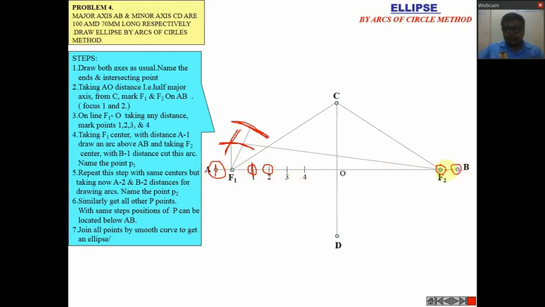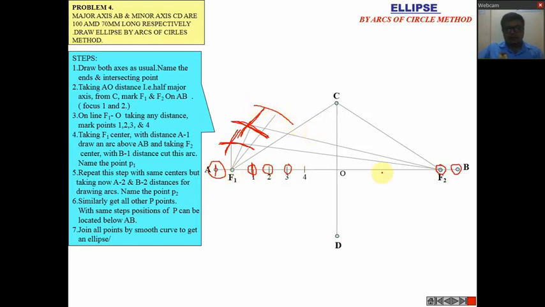So next step, from B2, this is the distance B2, with the use of the rounder, take F2 as a center and make an arc here, something like this. So you will get this point. Then next, from A3, the third point, take the distance A3, F1 as a center, and make an arc here, something like this.